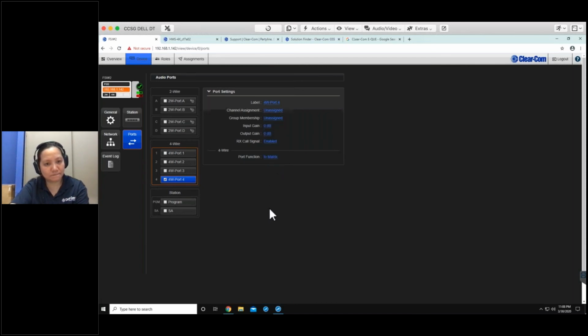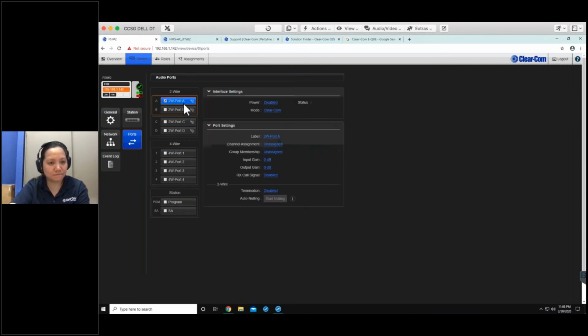However, on the 2-wire ports, that's dramatically reduced to only 1 dB steps, 0 through 3 up and down. The reason for that is in the world of 2-wire, excursions are frowned upon, because as I add gain from one direction, I really have to subtract it from the other to keep integrity. Also keep in mind, if you change gain on your 2-wire, after you've changed it, you have to re-null.